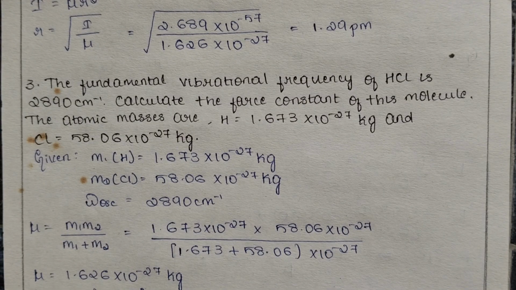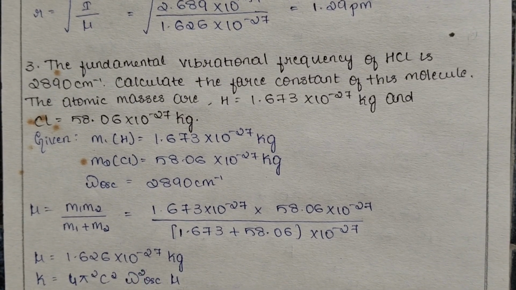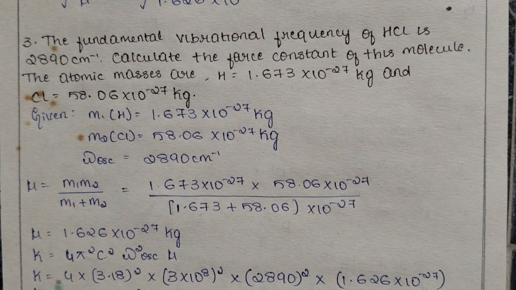And we know the formula for force constant, which is K is equal to 4 pi square C square omega square oscillation into mu. Substituting the corresponding values of pi, C, omega and mu into the equation, we get K is equal to 4 into 3.14 whole square into 3 into 10 to the power of 8 whole square into 2890 square into 1.626 into 10 to the power of minus 27.